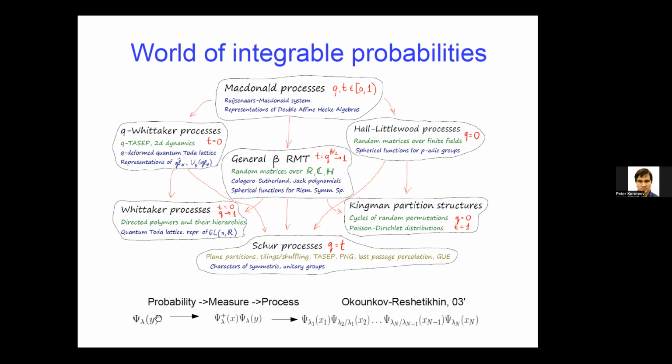Let me say a few words about the logic to some extent. There are three standard objects in integrable probabilities. The simplest one is a function of some sort depending on lambda. Typically, it's parameterized by partitions and a variable y, which in this language is termed a specialization.